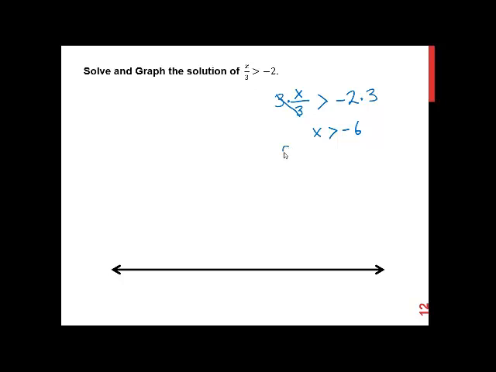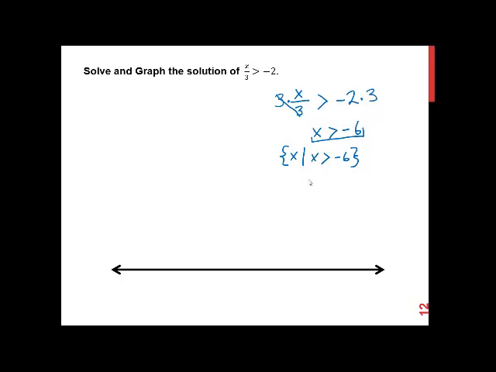Ways of indicating this: set notation, the set of all x's with the restriction that, or such that, x is greater than -6. Basically, you take what we have here, you say the set of all x's such that, and then write it again.